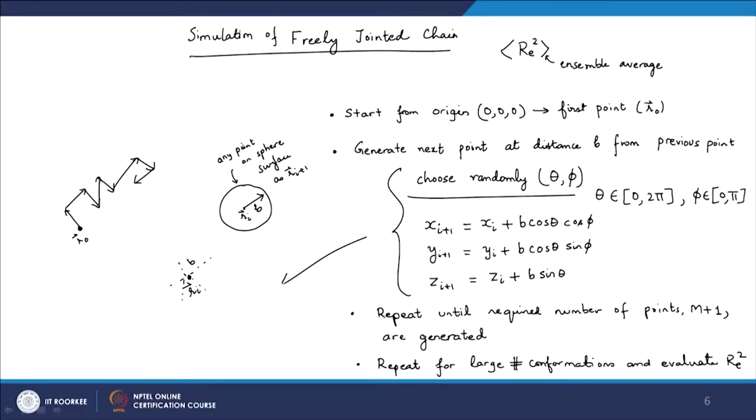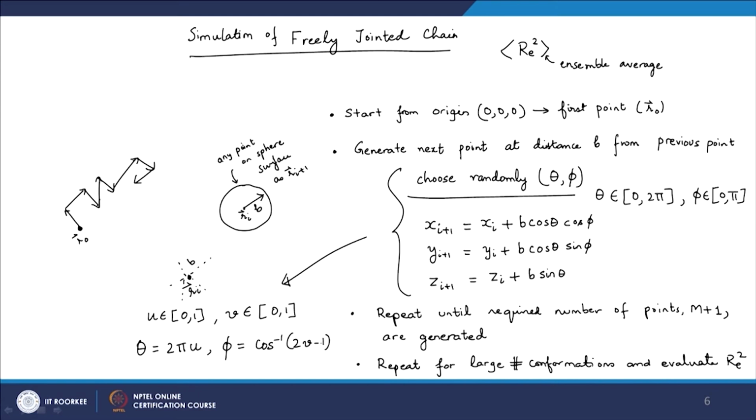An alternative way is to generate two random variables u between 0 and 1 and v between 0 and 1, and then generate theta as 2 pi multiplied by u and phi as cos inverse of (2v minus 1).